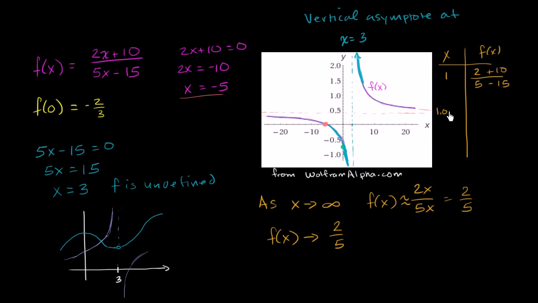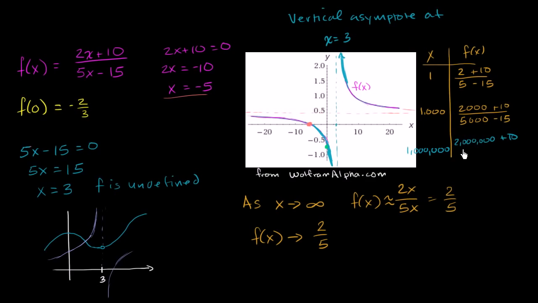But if x were 1,000, then f of x would be 2,000 plus 10 over 5,000 minus 15. So now the 2,000 and 5,000 are really setting the agenda. And then if x were, let's say, 1 million, then f of x would be 2 million plus 10 over 5 million minus 15. So here the 10 and the 15 are almost inconsequential.